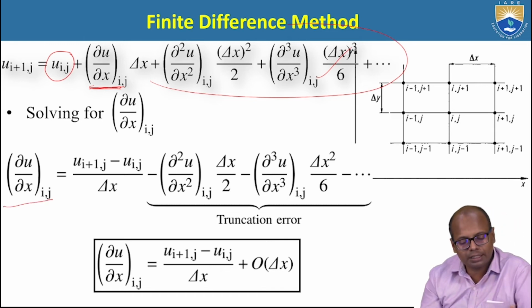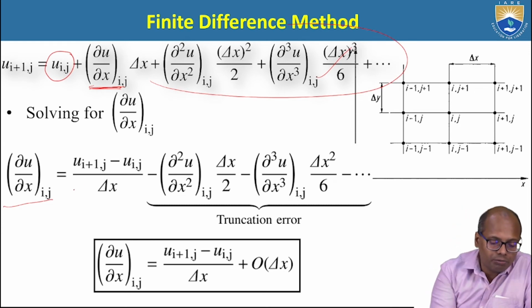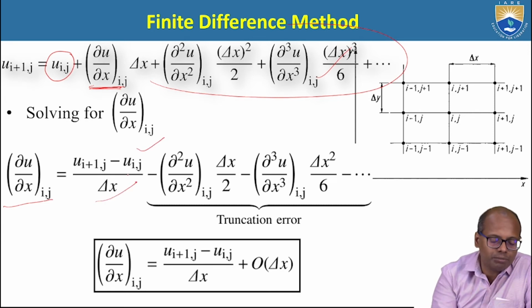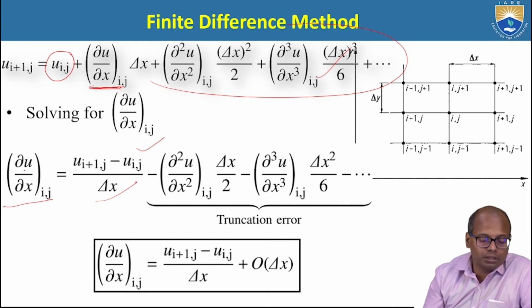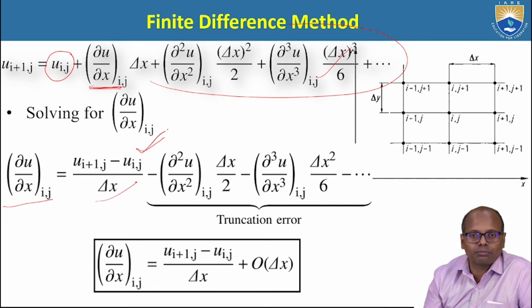So this is the finite difference equivalent. This is the finite difference term for the first order differentiation of u with respect to x. So the first order partial differential term we are getting like this.